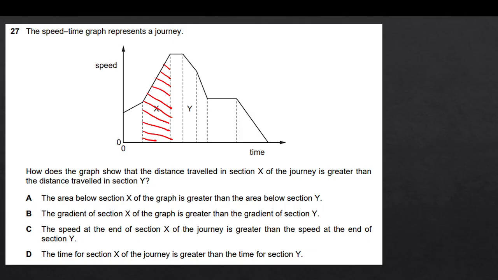In section Y, this is the area under the curve. Between section X and section Y, the area of section X is larger than the area of section Y. So looking at the answer, the area below section X of the graph is greater than the area below section Y. So this will be the correct answer.